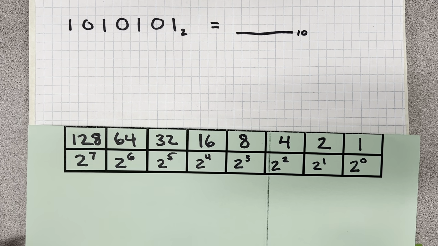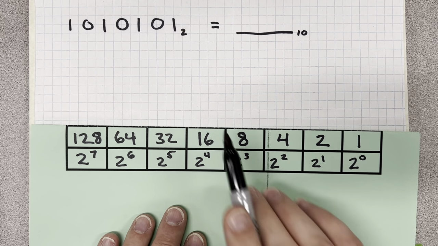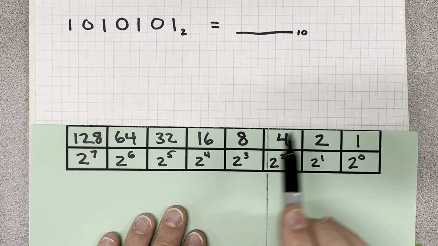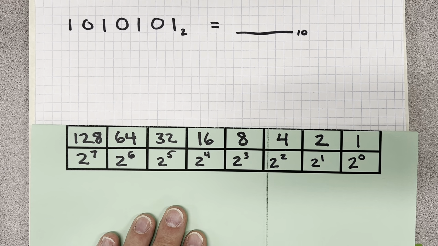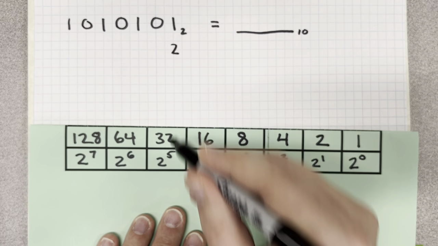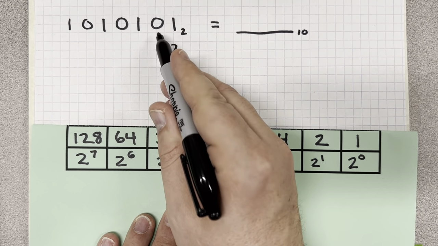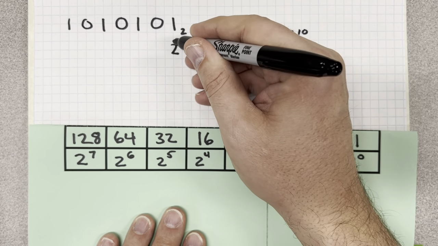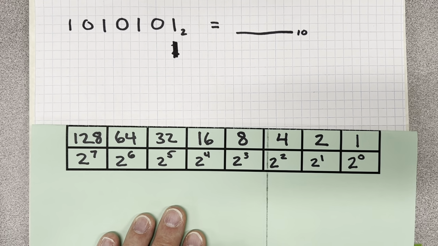So for all of these problems, we have to use our powers table. The objective is to take each of the place values and then add them together whenever we've got a 1. So here we've got a 1.